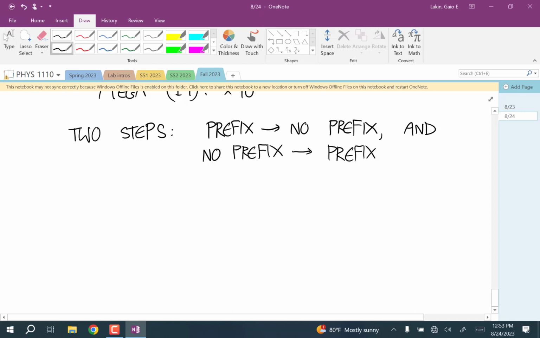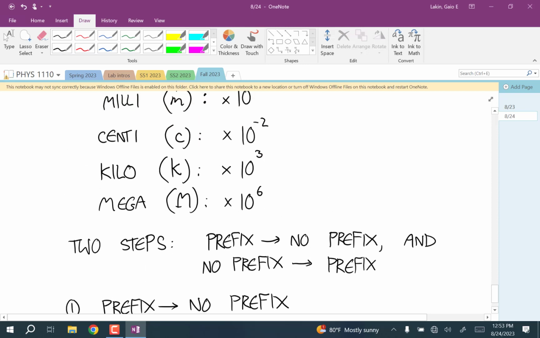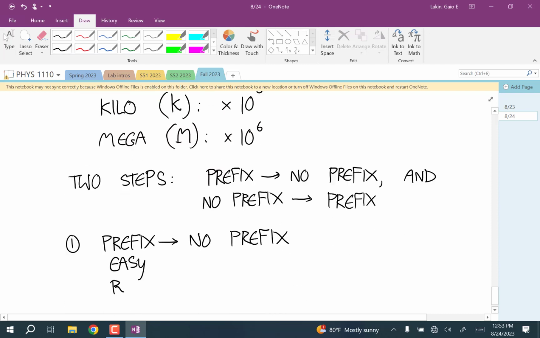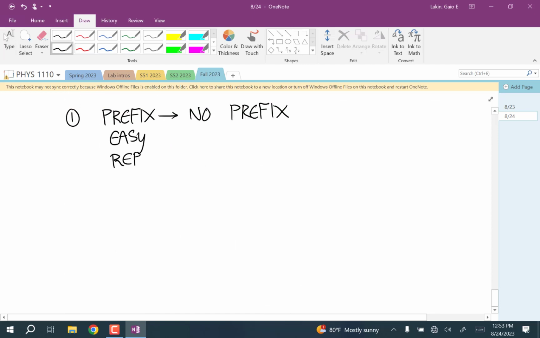The first one, going from a prefix to no prefix, is the easy one. All you do in this case is replace the prefix with its mathematical meaning in this list.